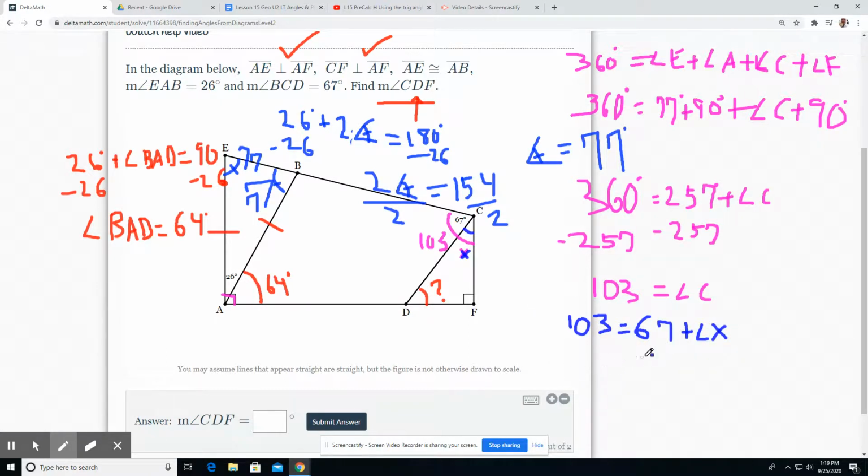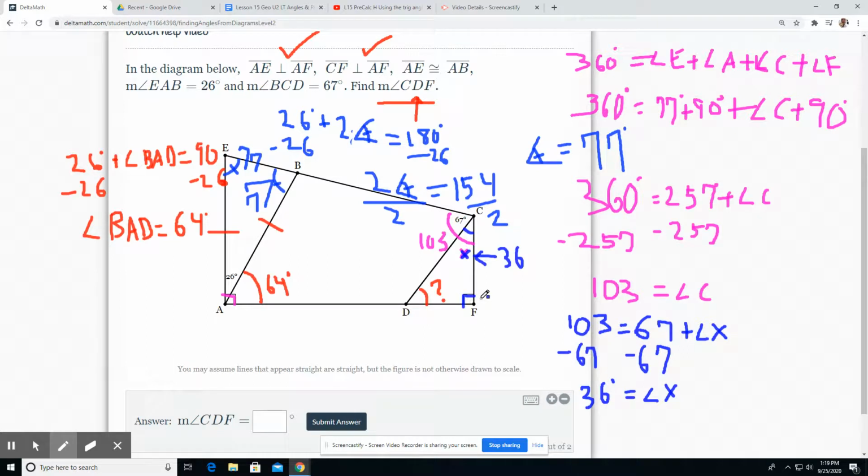It's taken me longer to get through this problem than I thought. So I subtract 67 from both sides. 103 minus 67 is equal to 36. Almost there. That's our angle X. So this one right here is 36.